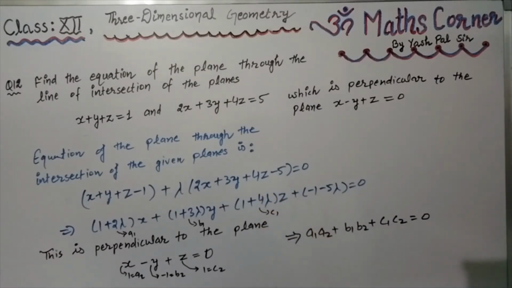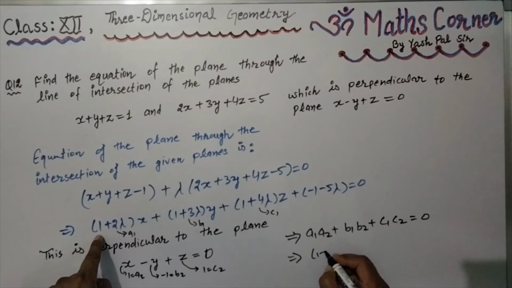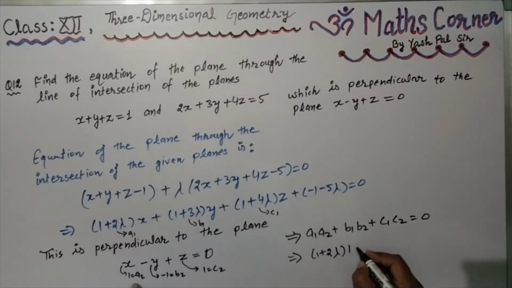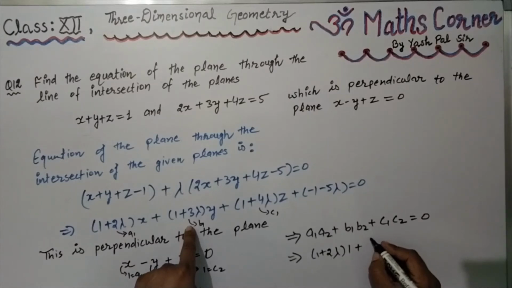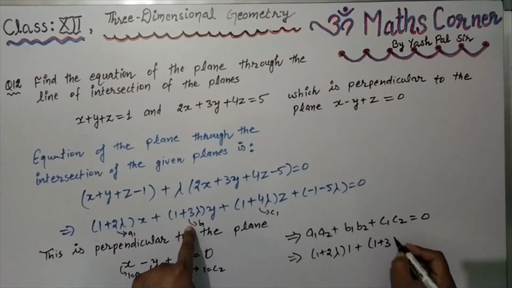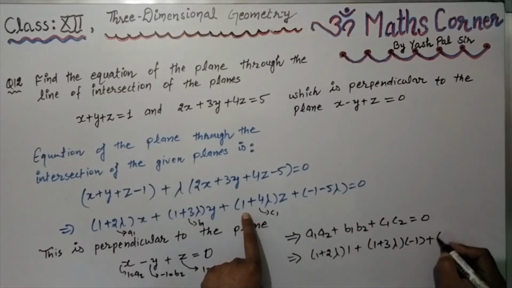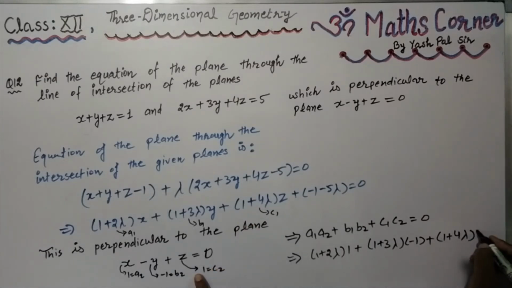If two planes are perpendicular to each other, then this is the condition. So now we have (1 plus 2 lambda) into a2 which is 1, plus (1 plus 3 lambda) into b2 which is minus 1, plus (1 plus 4 lambda) into c2 which is 1, is equal to 0.